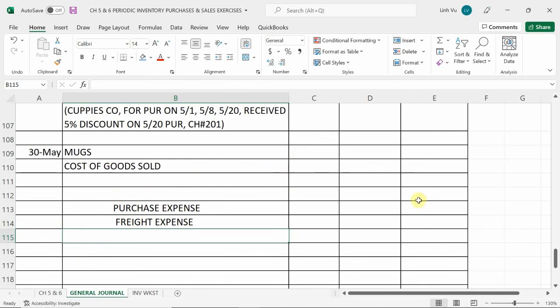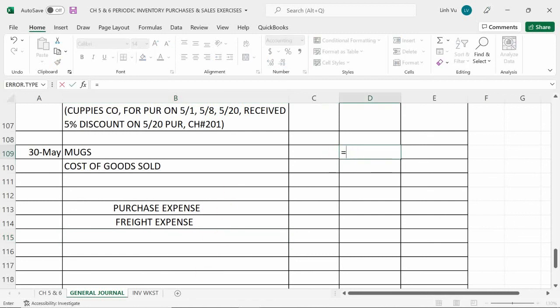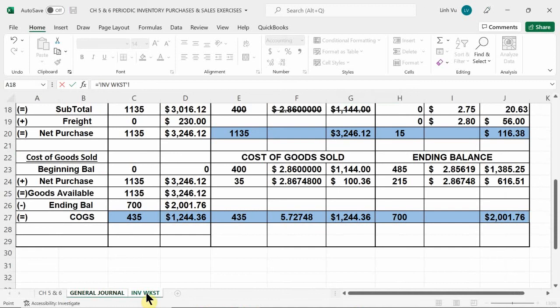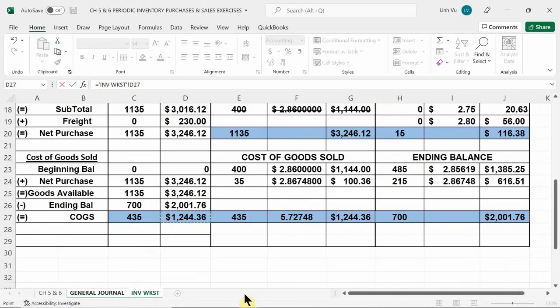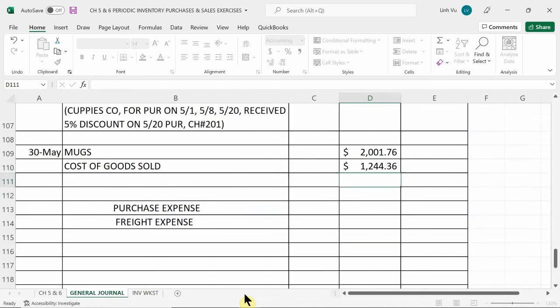In this case, what was the total amount of your ending inventory? $2,176. Okay. What was the total amount of your cost of goods sold? $1,344.36. Okay.